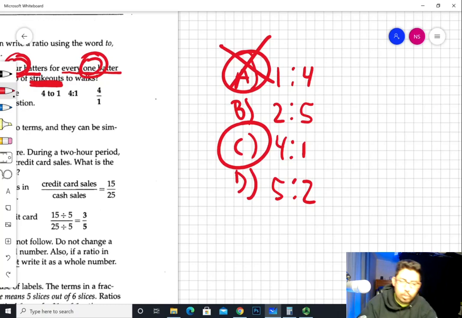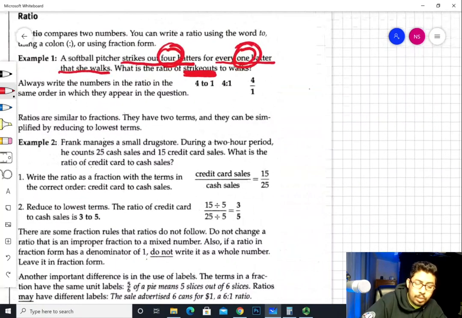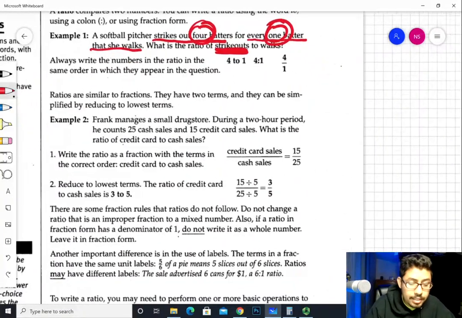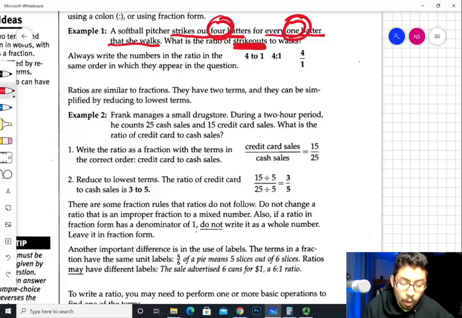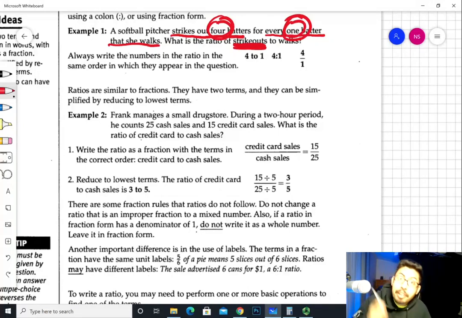So let's move on to the next question, which is going to practice some more examples, but with a little twist that you need to always keep in mind. So let's read this example right here. Frank manages a small drugstore. During a 2-hour period, he counts 25 cash sales, people paying with cash, and 15 credit card sales, people paying with credit card.